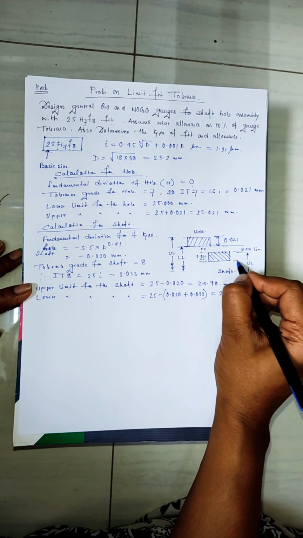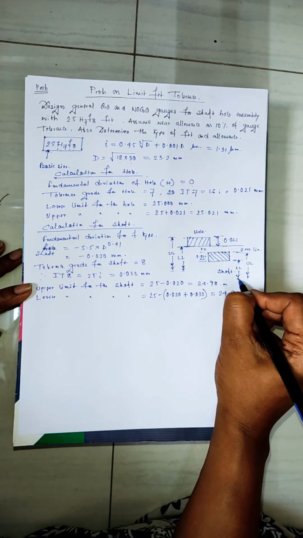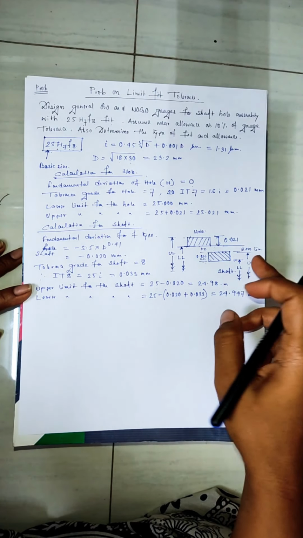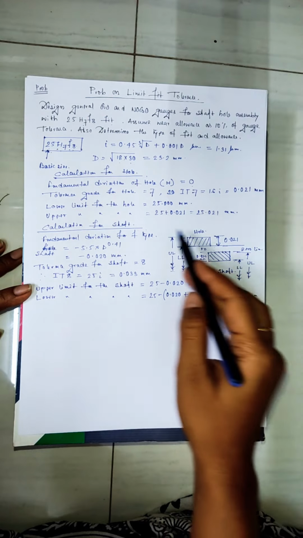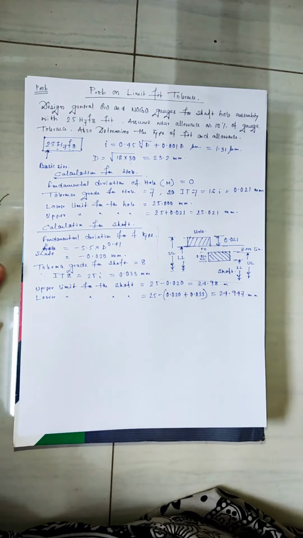So this is the lower limit for the shaft. Clear? So these two values, and this is the whole figure for the type of fit.